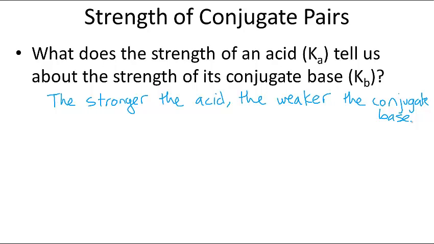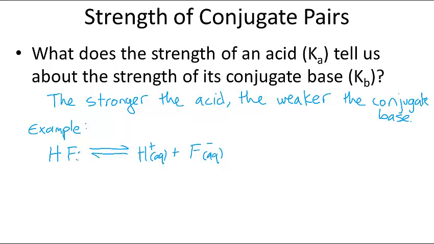If I'm talking about HF splitting up into H plus and F minus, the K value for this reaction is the Ka of HF. If I want to talk about the Kb of its conjugate base, what is its conjugate base? F minus.